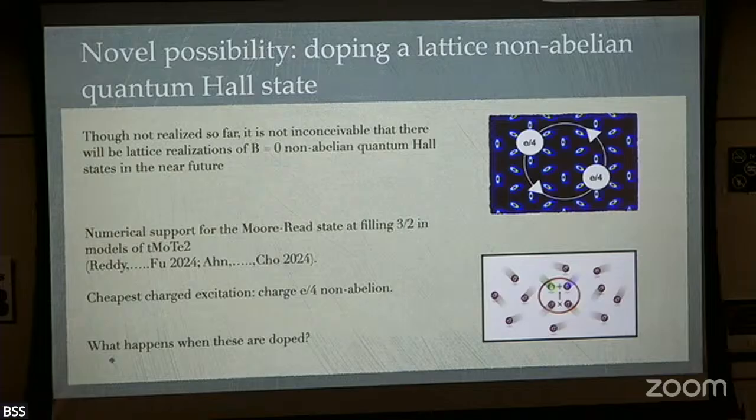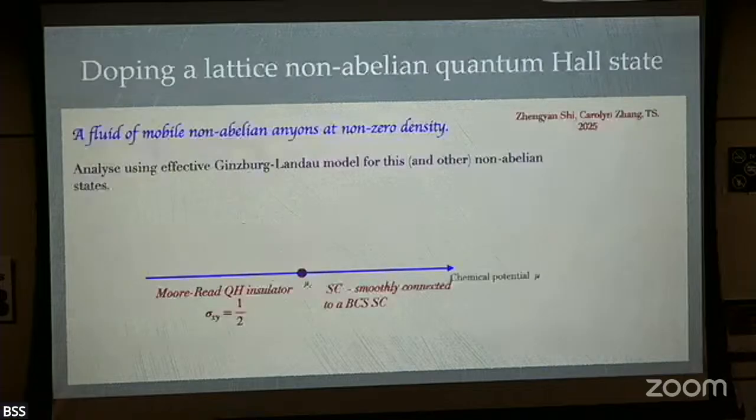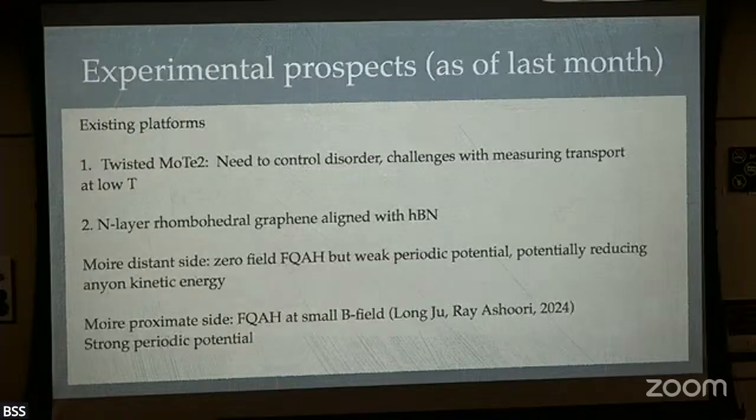We can answer that with the effective field theory approach. It's now a much more complicated effective field theory that involves a U(2) gauge field with Chern-Simons terms, but we can handle all that. At the end of the day, you just get, once again, a superconductor that's smoothly connected to a BCS superconductor. That was more interesting for the Read-Rezayi states, but there's a method to analyze all of these.